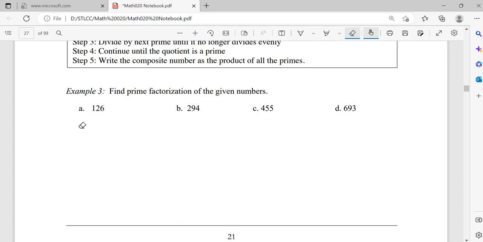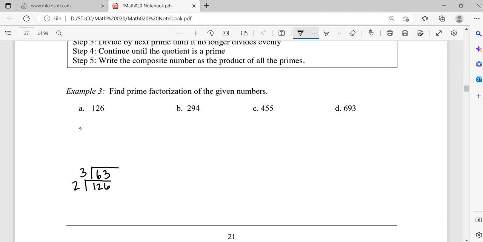We're going to start with 126. 126 is divisible by 2. When I divide 126 by 2, I get 63. So 63 becomes my next step in the ladder.